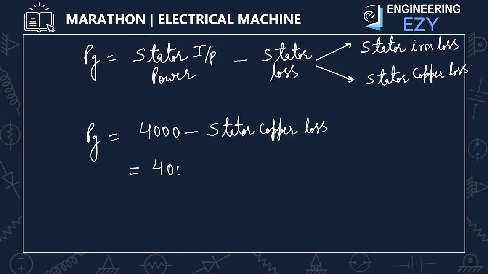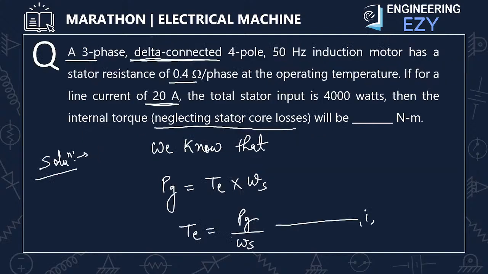If I calculate, it is so easy. It is 4000 minus 3 times, because it is a three phase induction motor, I_ph square R. I_ph for a delta connection is I_L by root 3, squared, multiplied by 0.4, because the stator winding resistance is 0.4 ohm per phase.